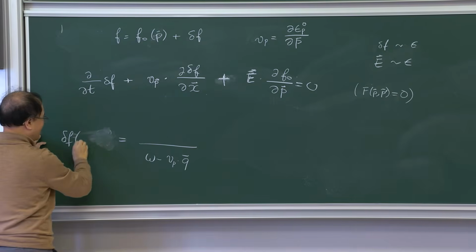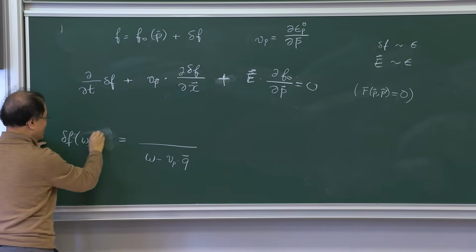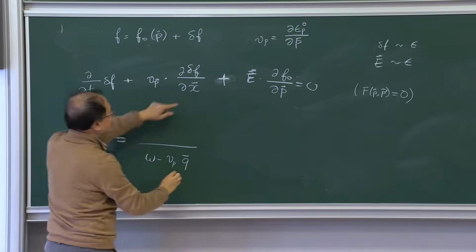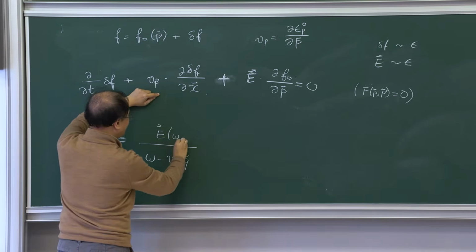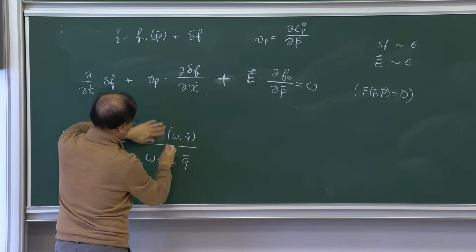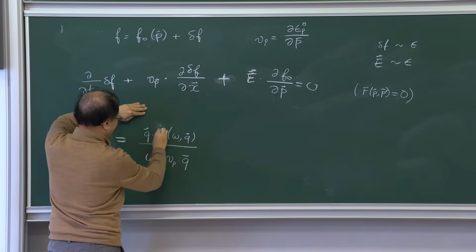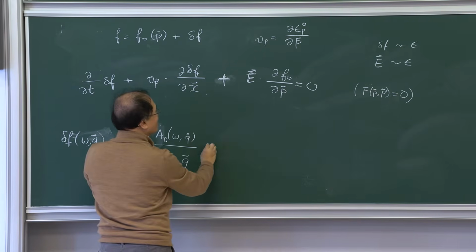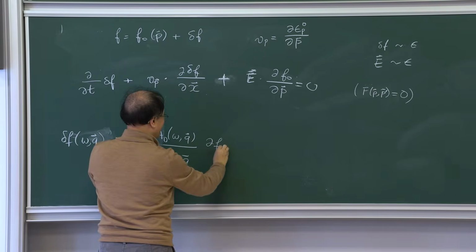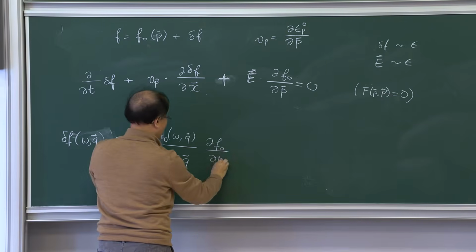Delta f of omega and q equals this, and then this E computed at omega and q, but E I replaced by q dot a naught, and then I have df0 over dp.